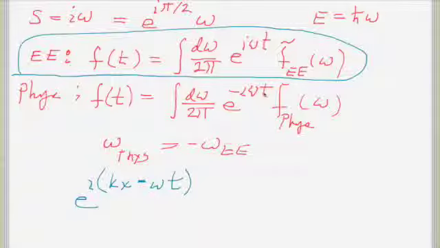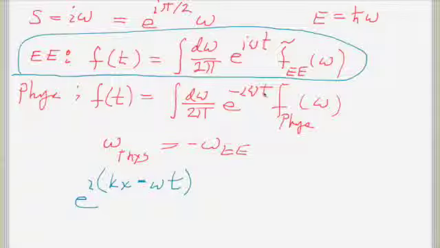And so when you look at it like this, it naturally shows up as e to the minus i omega t. And this is why, when you do quantum mechanics, you've got one sign convention for the spatial Fourier transform and the other sign convention for the time to energy Fourier transform.